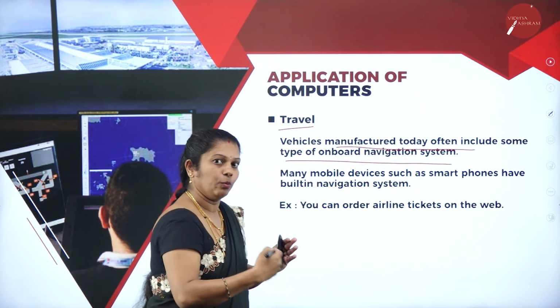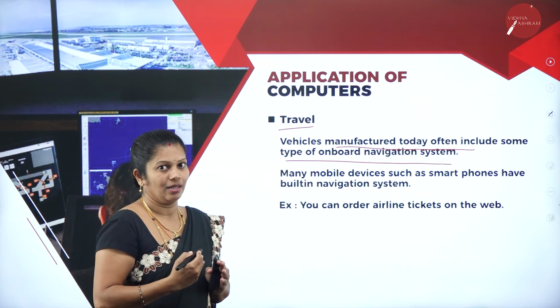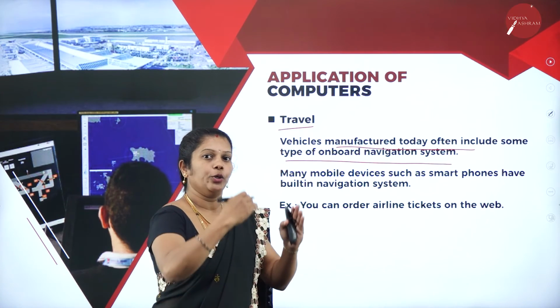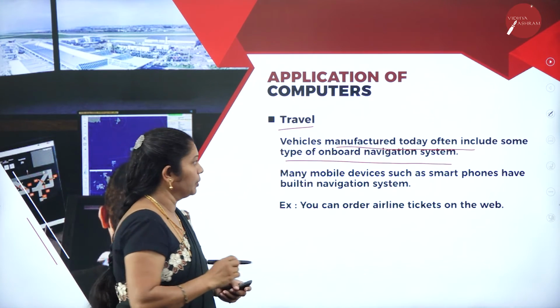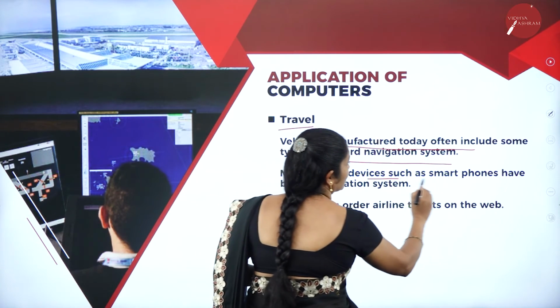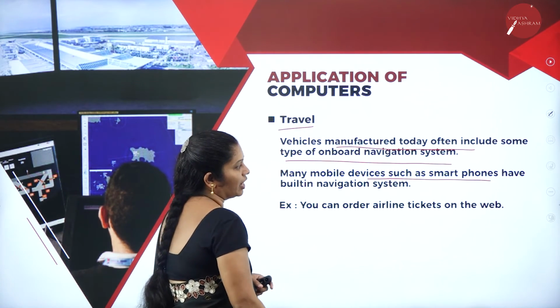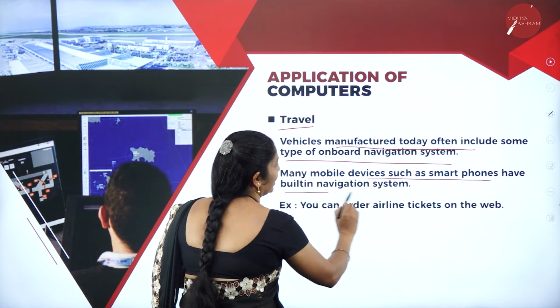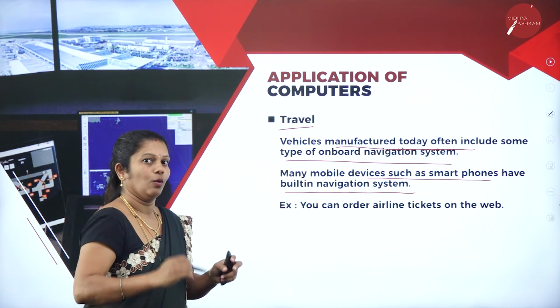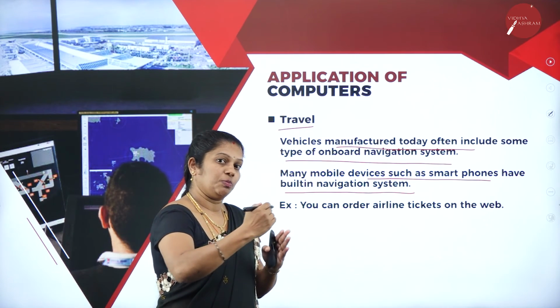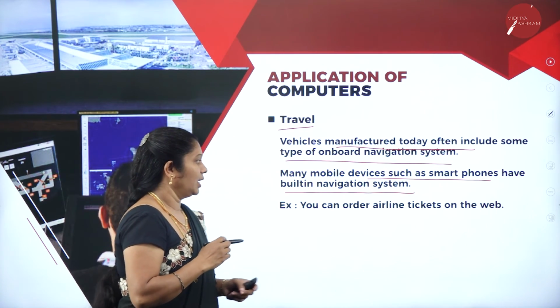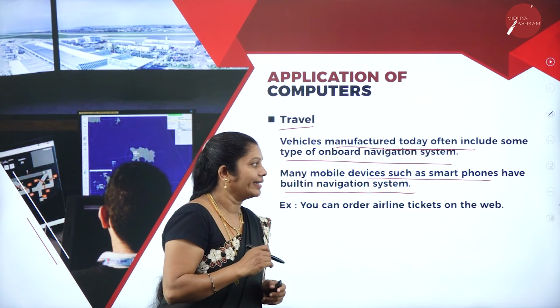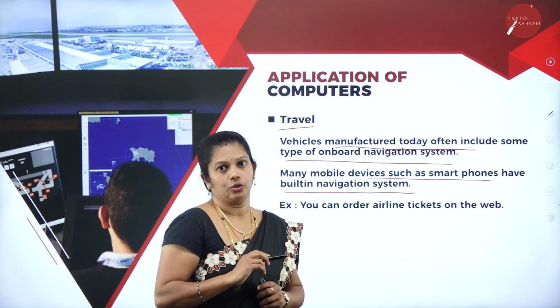Exactly where we are moving, that path also we can get, how much time we require to move from this place to another place. That can also be performed by using computers. Many mobile devices such as smartphones have built-in navigation systems, showing where exactly we are moving, which place we are presently at, how much time I require. Then you can order tickets online on the web also.